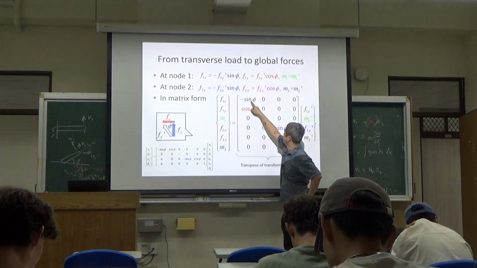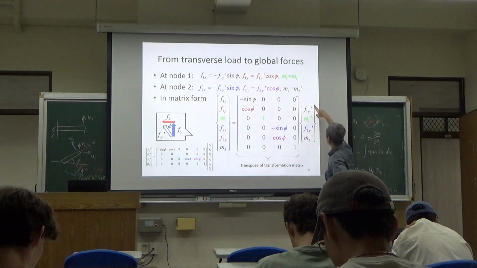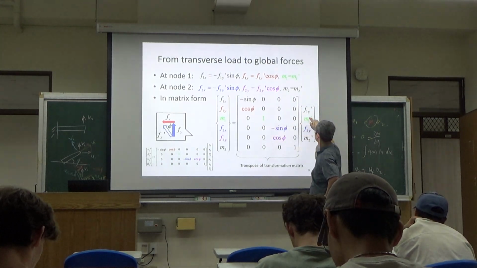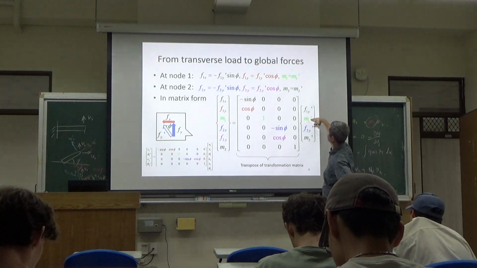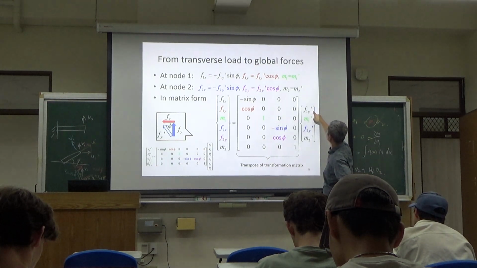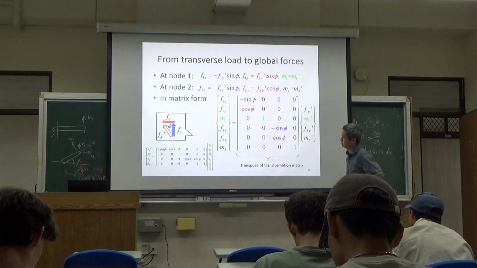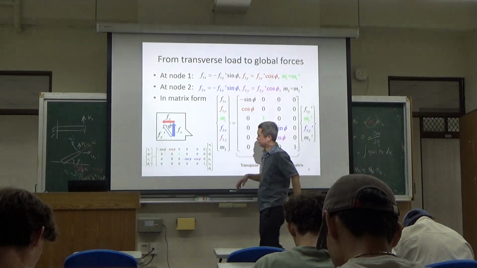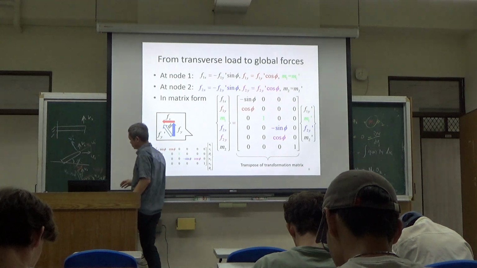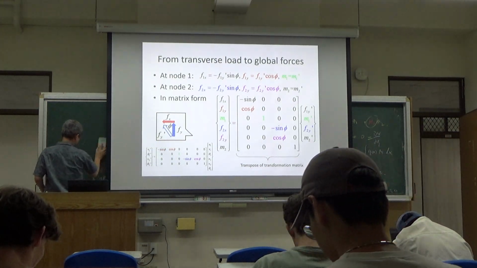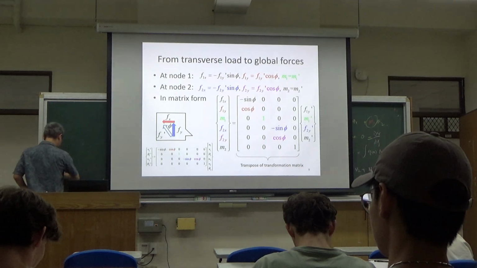You have this minus sine phi f1 prime and then cosine phi f1, then 1 and 1. So this is a rotation matrix. Okay. So if you're not sure how to write it, then you can copy it down and give you a sense how to do the writing.